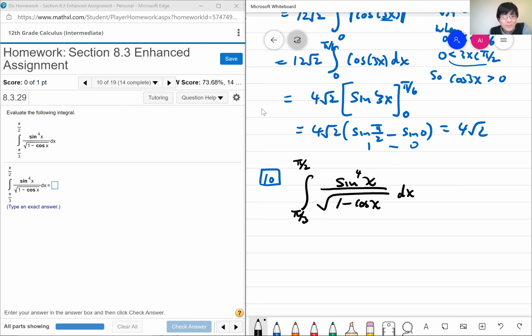We might have to use half angle identity to eliminate this square root. But the problem is the angle will change. Angle will be halved. So that might give us kind of hard time. But let's try to do.